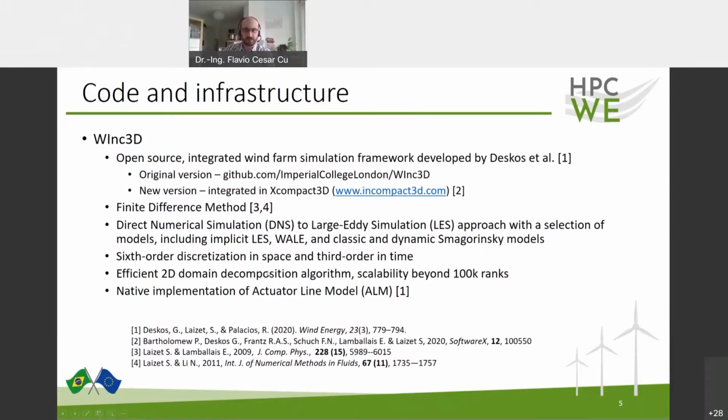Both use the finite difference method to discretize the Navier-Stokes equations. The software can model from direct numerical simulations to large eddy simulations approach with a selection of models, including implicit LES and various subgrid scale models.